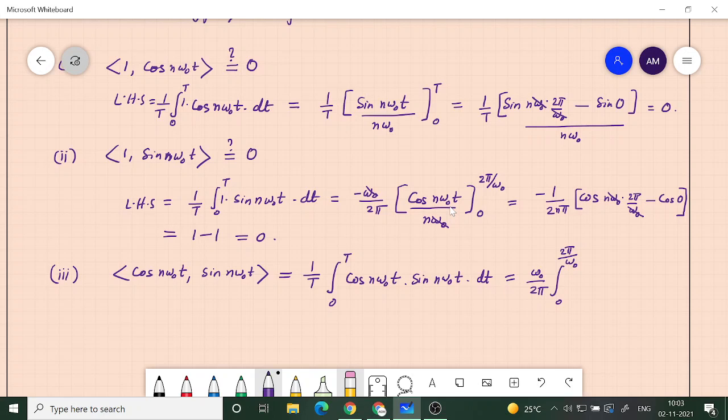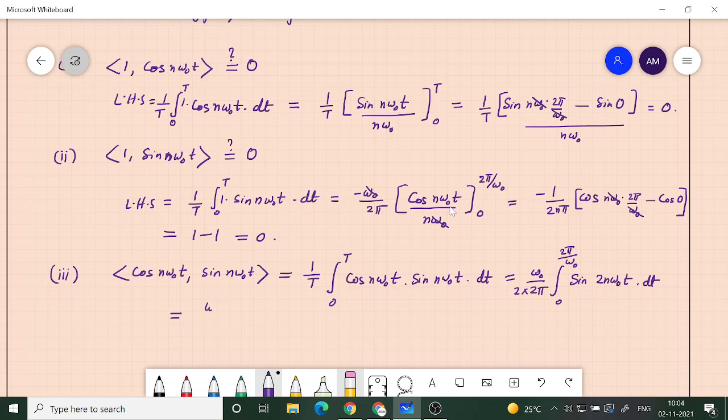Then what can I do with cos theta sin theta? I can use the trigonometric relationship, probably you know. If I multiply this with 2, then I have 2 cos theta sin theta, or 2 sin theta cos theta, and divide by 2. So I will have an extra factor of 2, and then I will write this as sin 2n omega 0 t dt. Is that right? You agree?